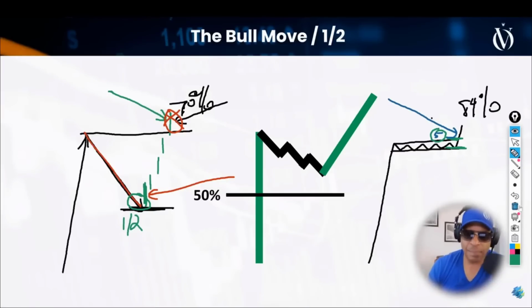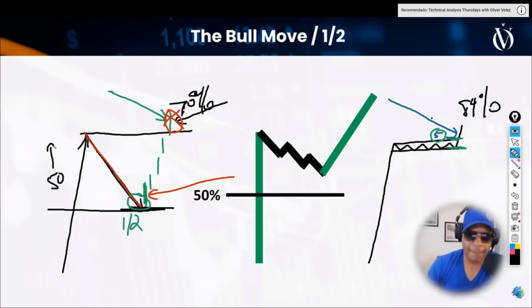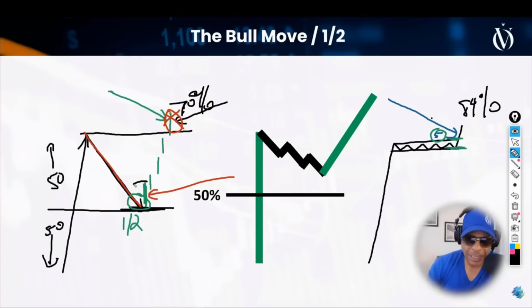But what's the key? The key is that you must stay, and this must happen in the top 50%, not the bottom 50%. As long as this change, as long as that green surge that is now eliminating a red bar is happening in the top 50%, now you've got decent odds of getting to that new high.